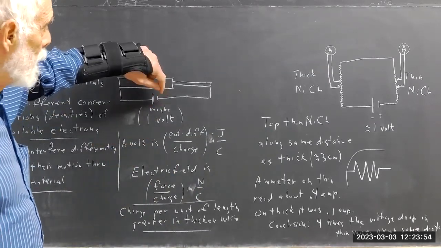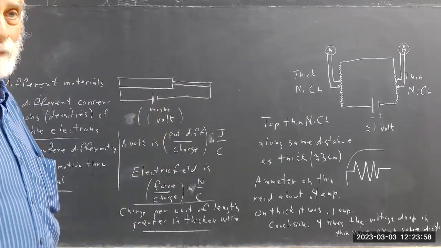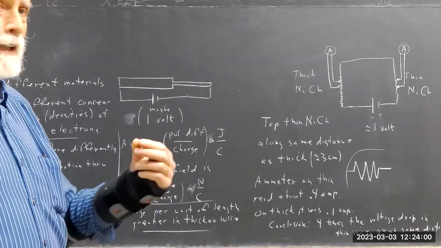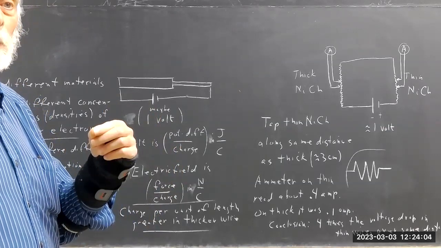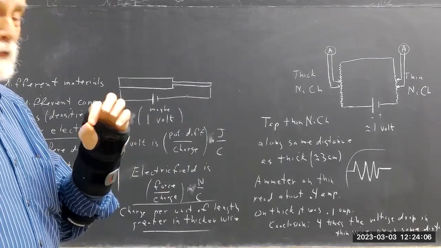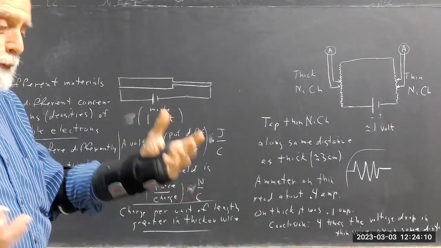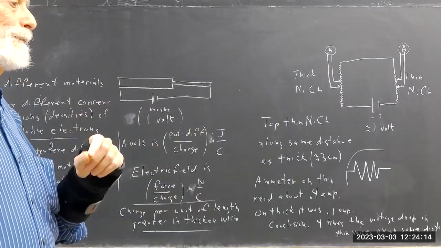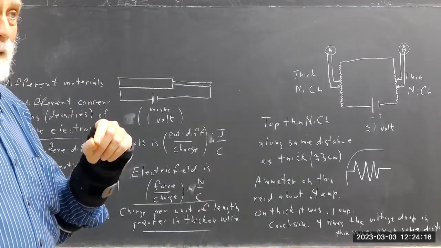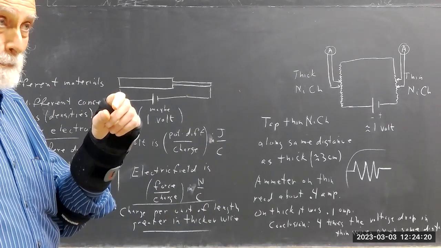Okay, an amp through this wire means the electrons are drifting along here at half a millimeter per second. Barely perceptible motion. If you pick out your favorite electron and watch it for a minute, which you can't do, it would move maybe 15 millimeters.